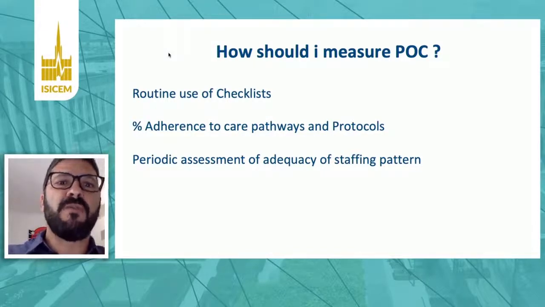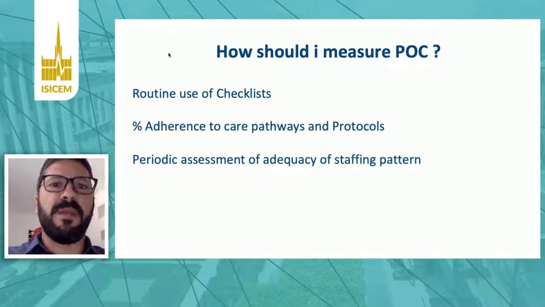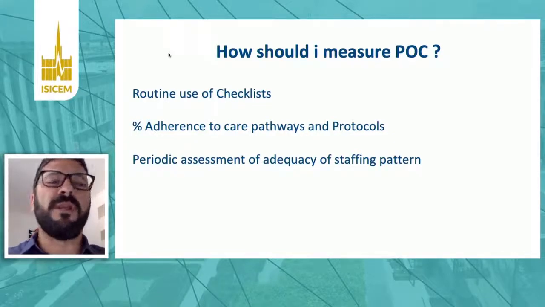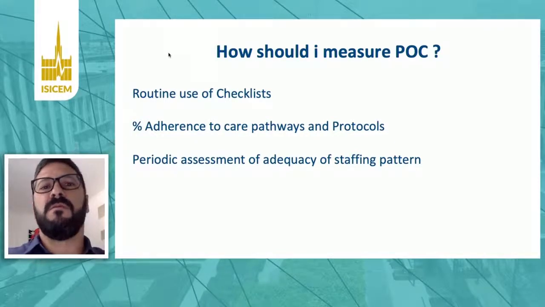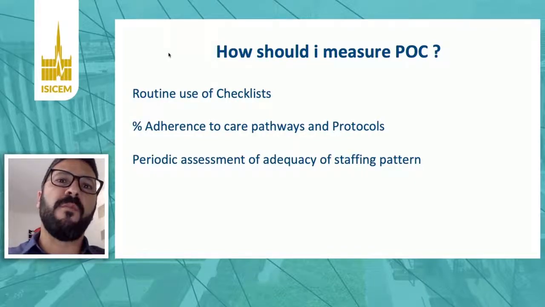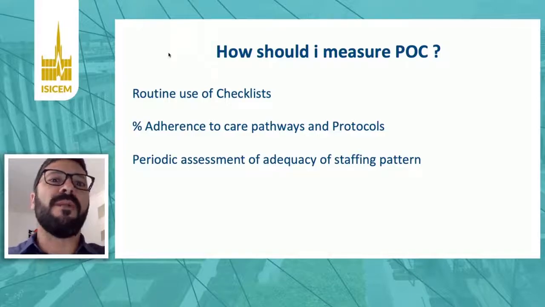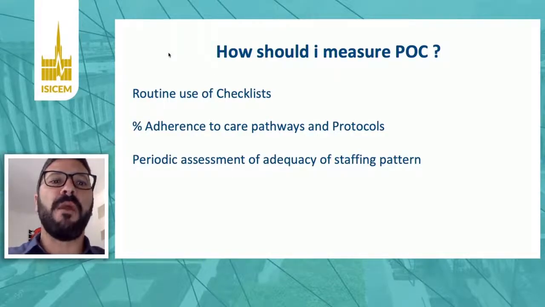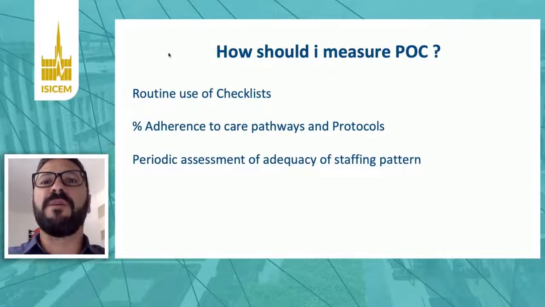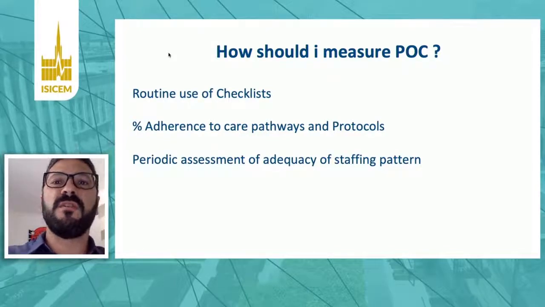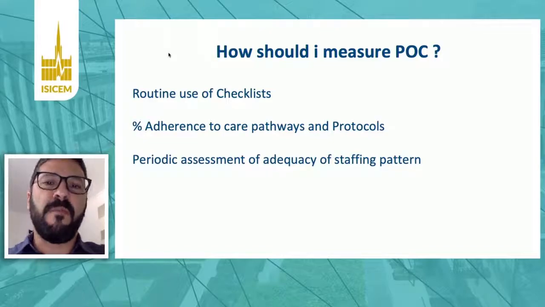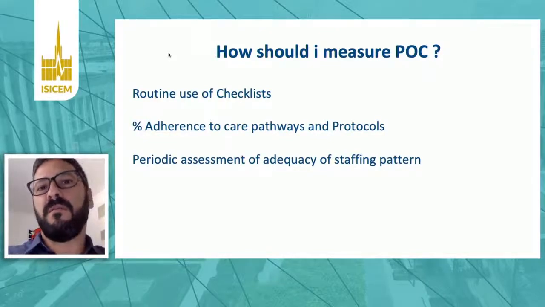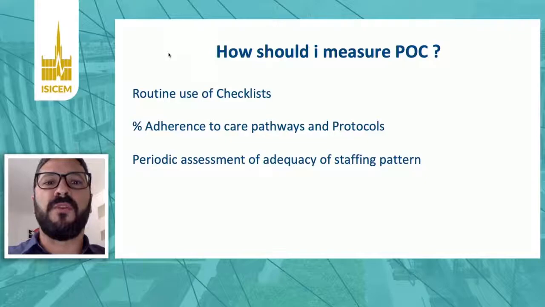And the measurement could be done in different ways. Could be done on paper or by electronic assessment, but the more important thing is to get the information on the percentage of adherence to the recommended practices that are actually contained in the checklists. In a similar way, the percentage of adherence to care pathways and protocols for certain conditions and diseases or for preventive measures could be a relevant way to measure process of care.